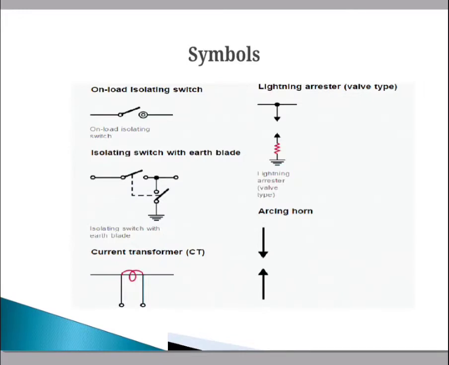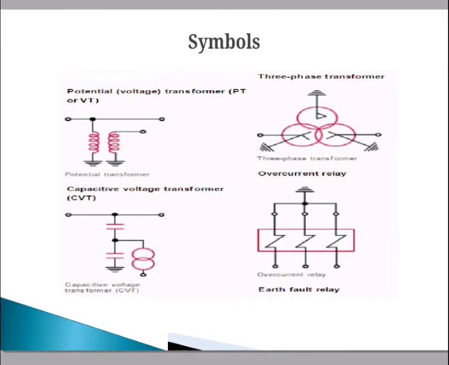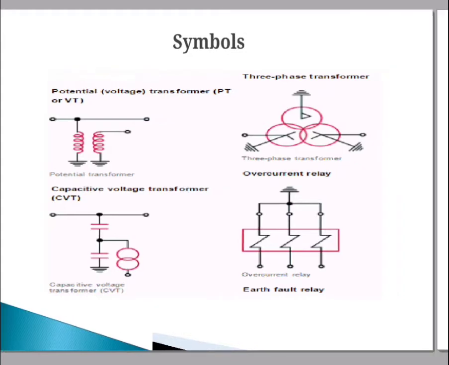Then lightning arrestor, where all types of lightning arrestor are shown here. Then the next one is the symbol for potential transformer, which is connected in parallel to the supply. Then capacitor voltage transformer, then three phase transformer, overcurrent relay.